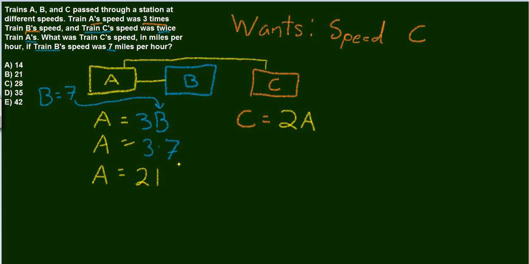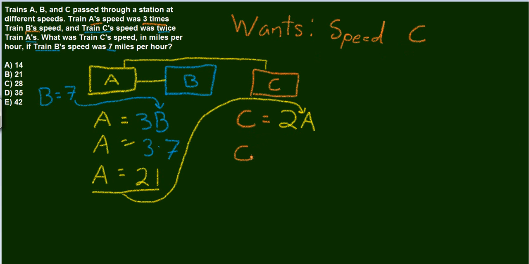Okay, good. Now is that what we're looking for? That gave us the speed of A, but we want the speed of C, so we're going to have to keep going. That's a good bit of information, because we need the speed of A to get the speed of C. So we're just going to plug in 21 for A.